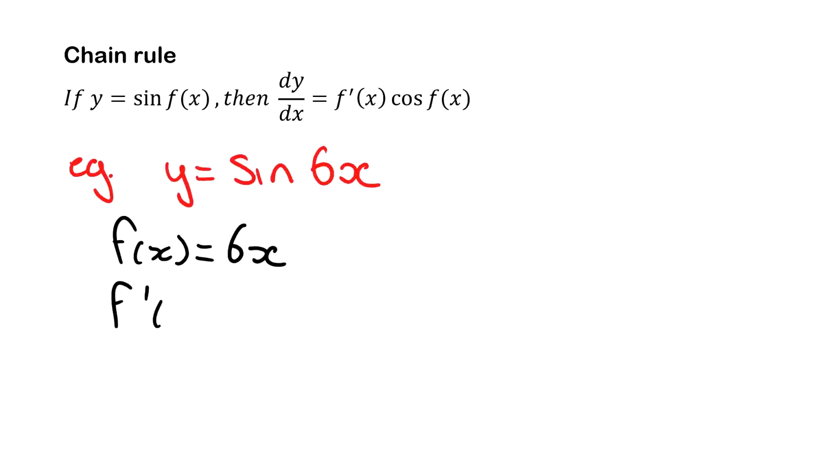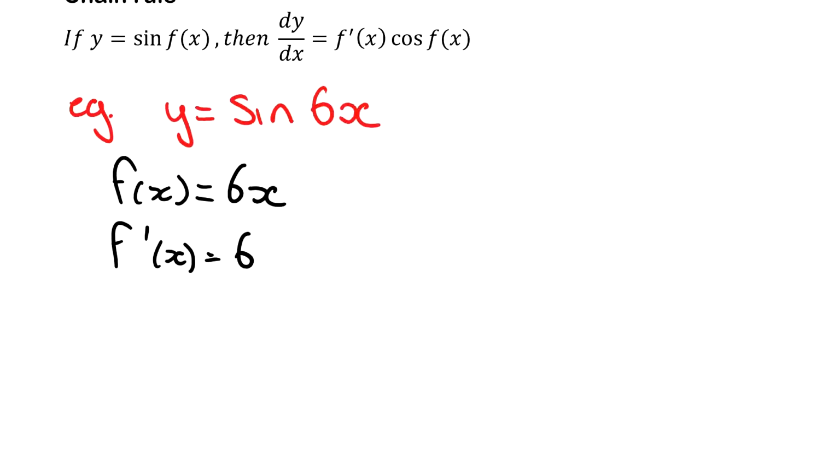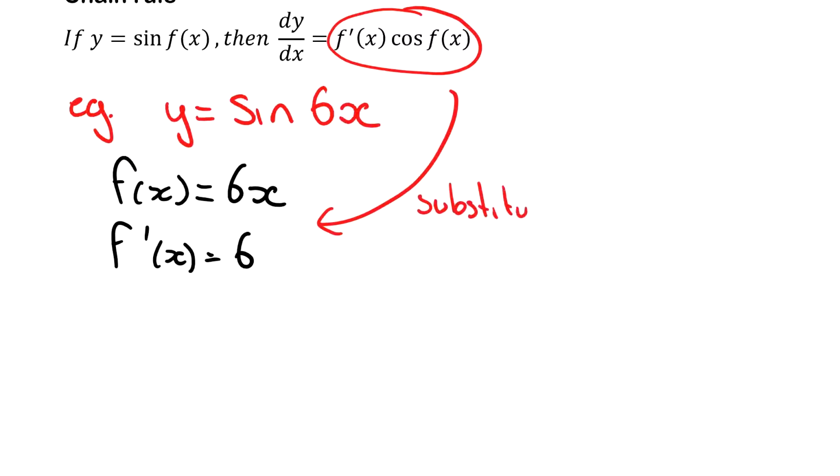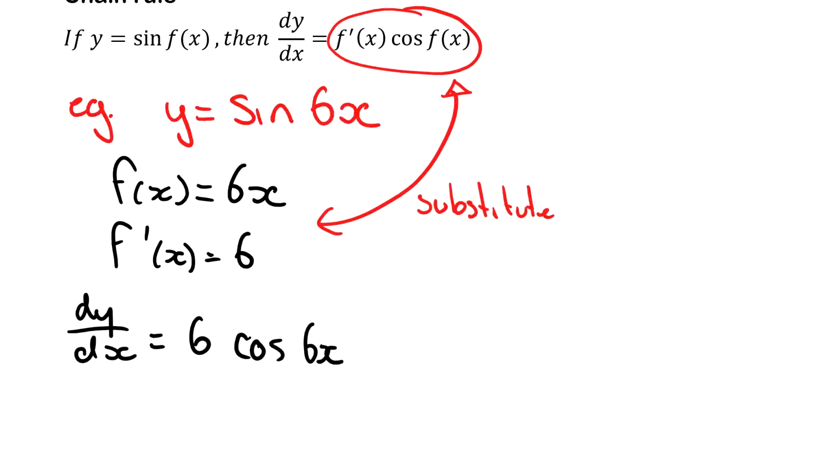So my derivative will be 6, and then I can just substitute these up into here. So what we end up getting is dy dx equals my derivative, f'(x), which is 6. We get cos, then we get our original function, which was 6x.